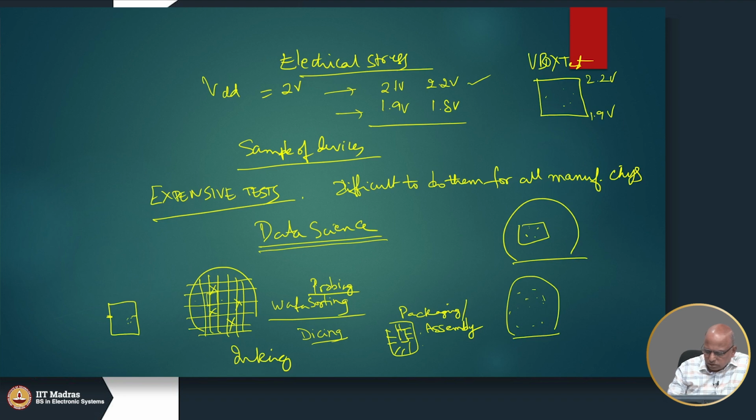That is also another place where data science plays a role. You may be able to look at the data pattern of the failures. Suppose something like this is happening, and all these are bad. Maybe you can decide that the wafer has a scratch or something like that.